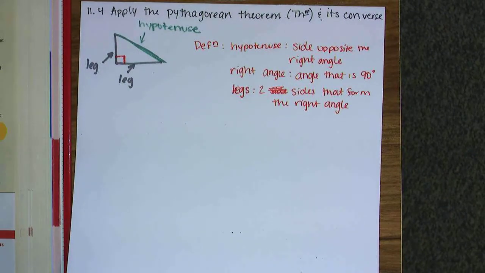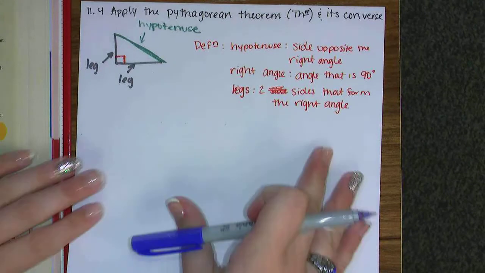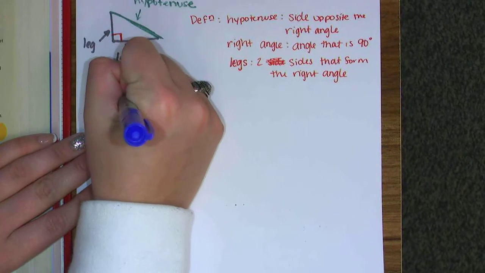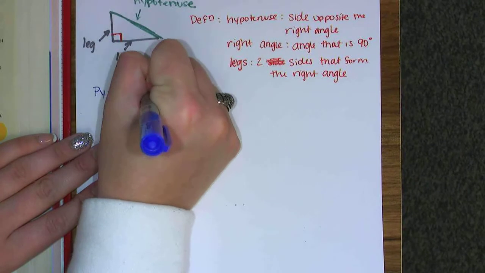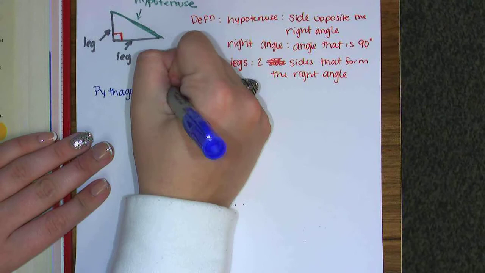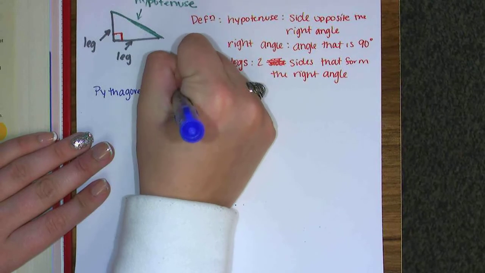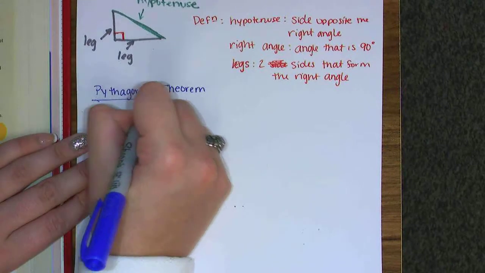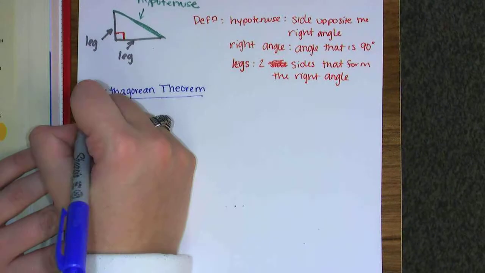Alright, so now that you know the basic parts of a right triangle, I can tell you what the Pythagorean Theorem says. I'm going to write it out in words, but that will be the only time you see me write it out in words, because we will always write it out algebraically. So, the Pythagorean Theorem in words.